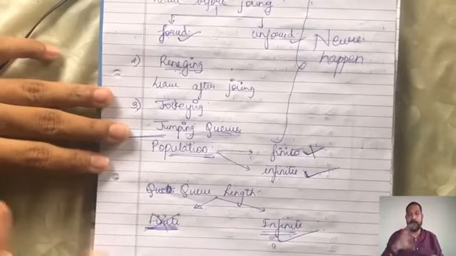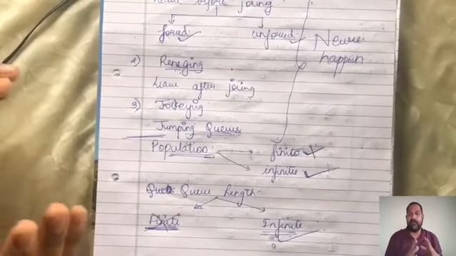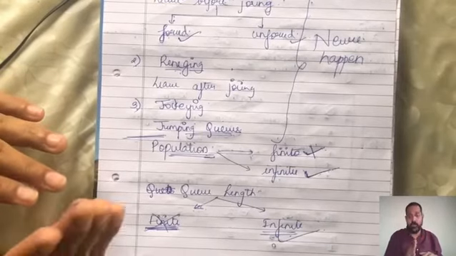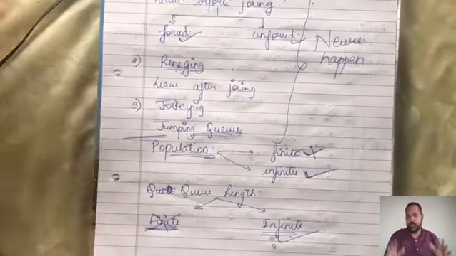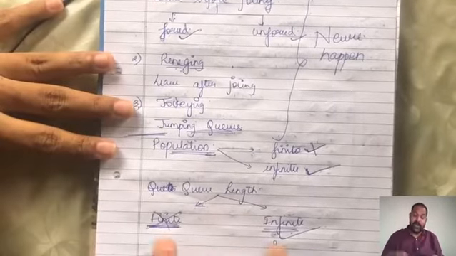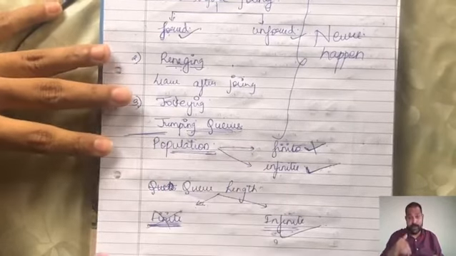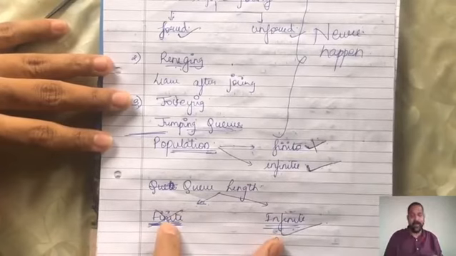Jockeying is jumping of queues. Nobody who comes will jump queues. Everybody will stand in one queue, and because we assume a single queuing system, our system will never jockey. When you talk about queue lengths, you can have populations from where people come in. You can have a finite or an infinite population. Queue lengths can be finite or infinite.